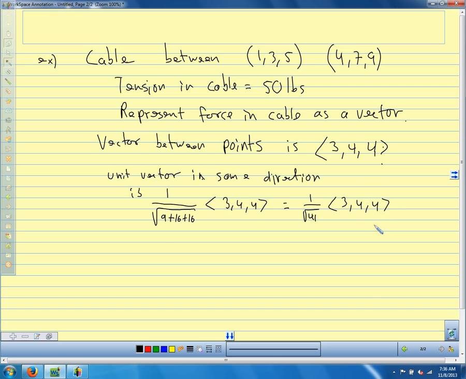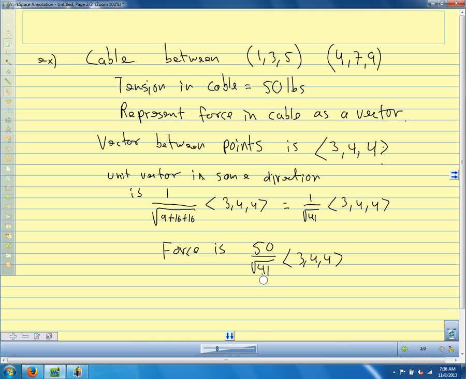And then we can represent our force as 50 over the square root of 41 times this vector. And there's our force represented as a vector, going in the direction of the cable, and its magnitude is 50.